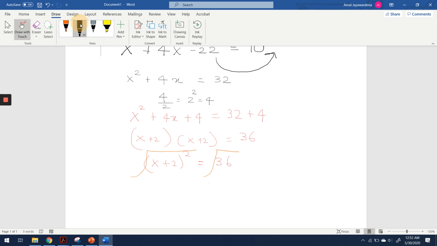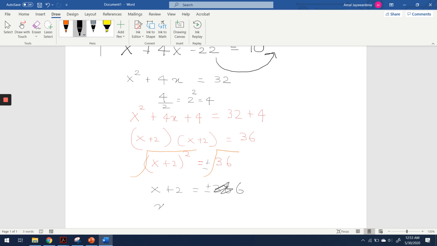So this becomes x plus 2 is equal to plus or minus the square root of 36, because when you take a square root, this can be either plus or minus 6.